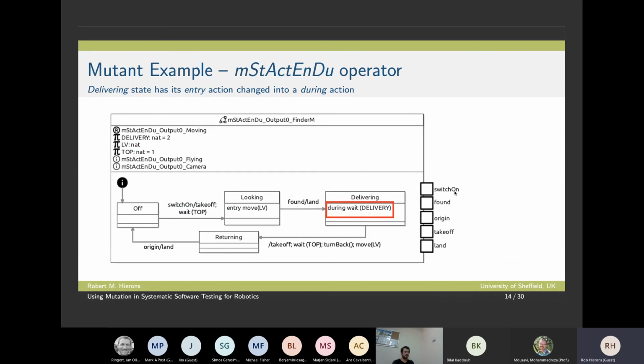And that just becomes a during. So now once the transition found/land into delivering is executed, the model moves straight into the state, and that means it can leave immediately. It doesn't have to wait before it can take off and leave again.